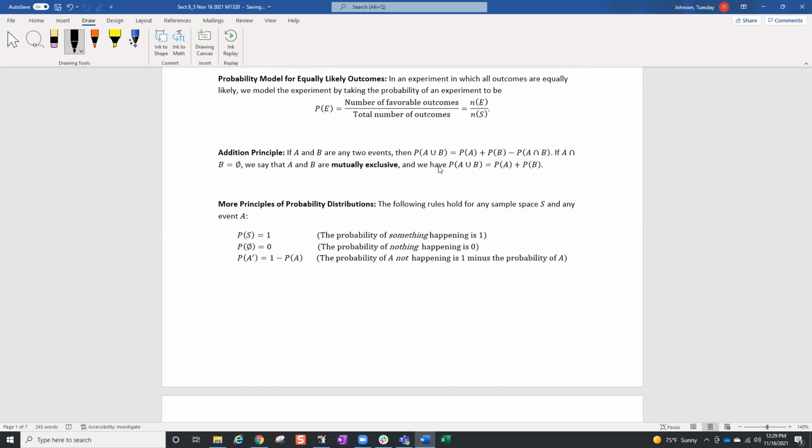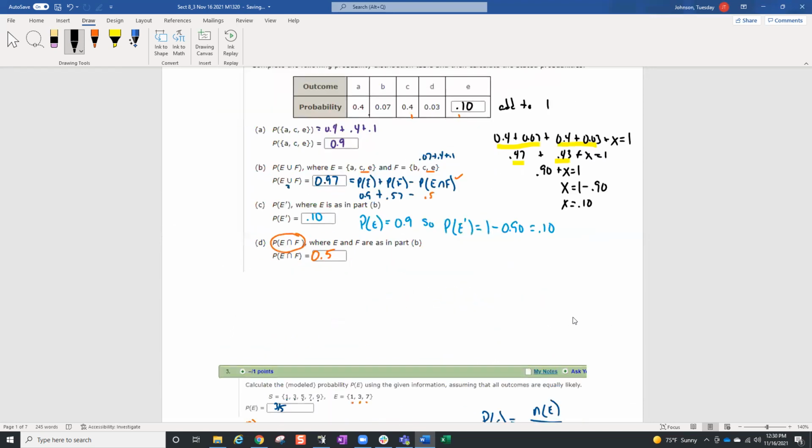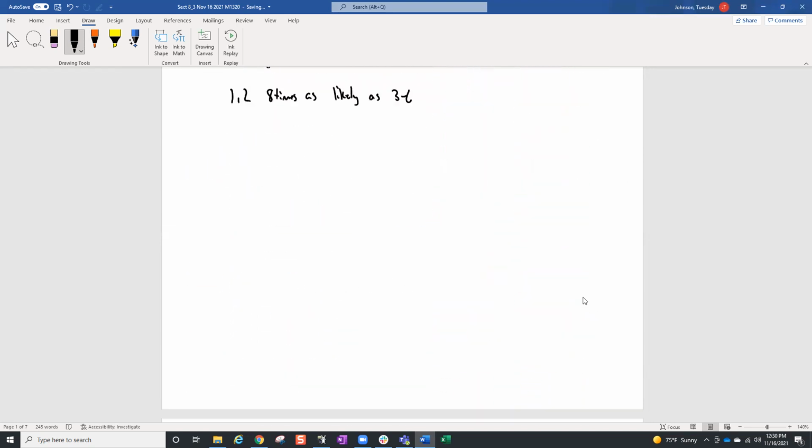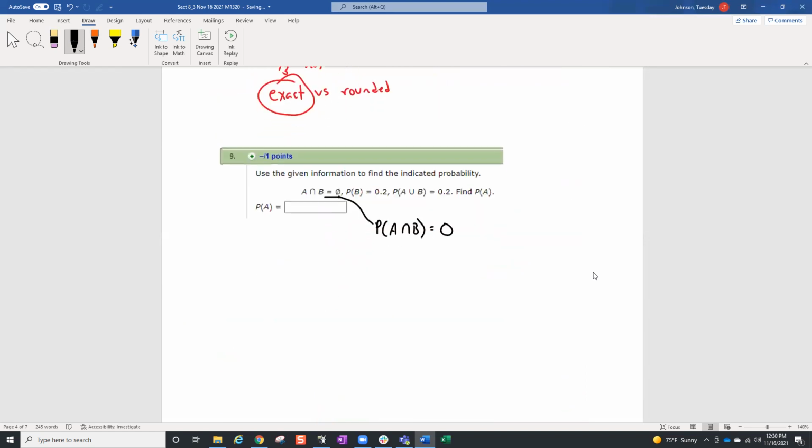Also, while I'm here, mutually exclusive, when the intersection is the empty set, it's just the sum of the probabilities. But notice we have the probability of a union. Both of these rules are the addition principle. Let's take it back down to where we were. Here's what we know.